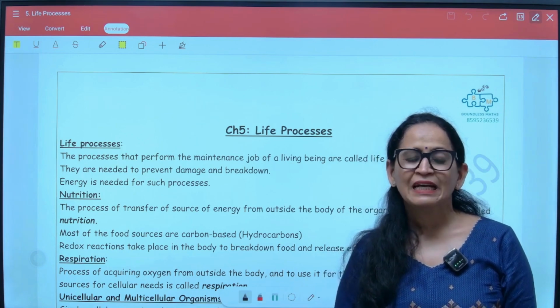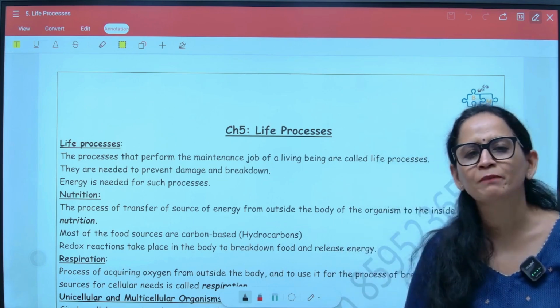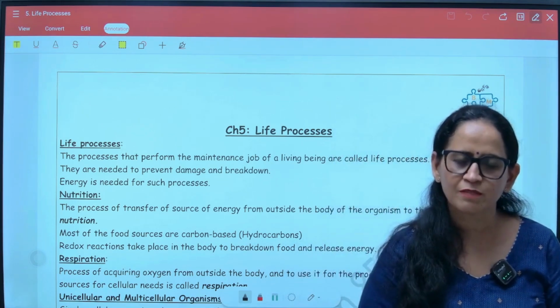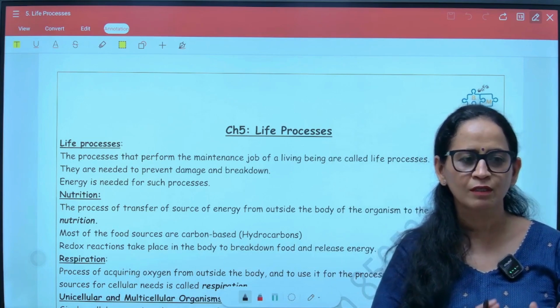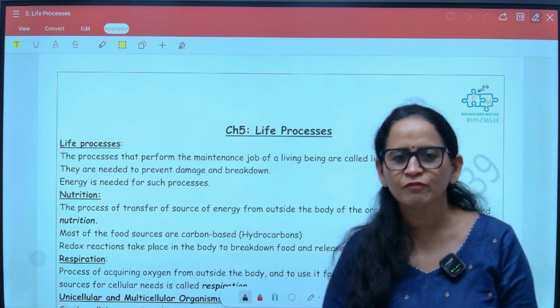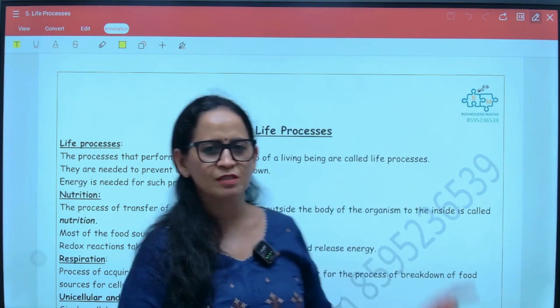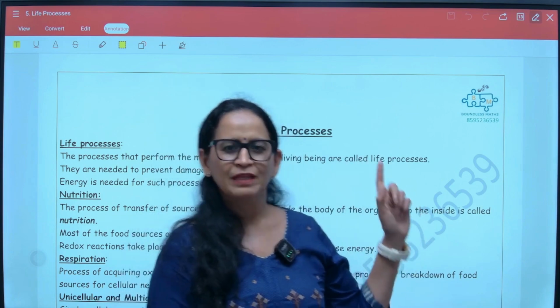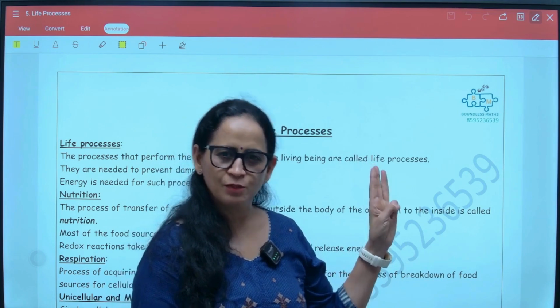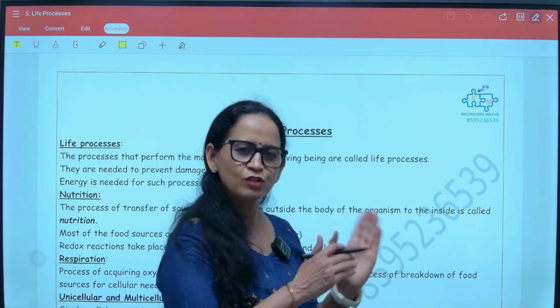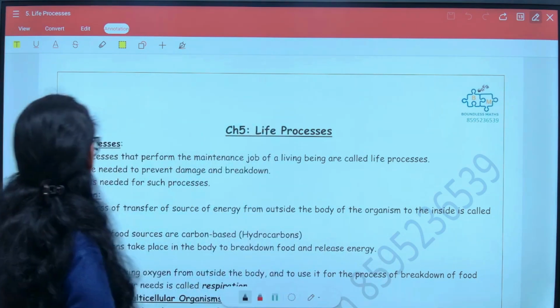No. It is definitely needed for maintaining the existence of the species, but it is not a life process because it is not necessary for a living being to survive individually, right? So the four basic life processes are: number one, nutrition, then respiration, transportation and excretion, and we'll look into the details of each of them one by one during these sessions.